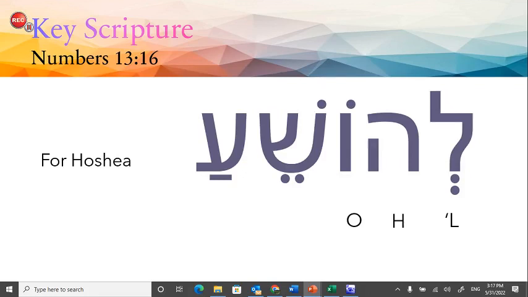Cholam vav makes an O sound. The shin with the dot on the right side makes the sh sound. Then you have the tsere underneath the shin, which makes an A sound. And then you have the ayin, which is silent, and it carries the sound of the patach underneath it. So this word is pronounced le Hoshea.